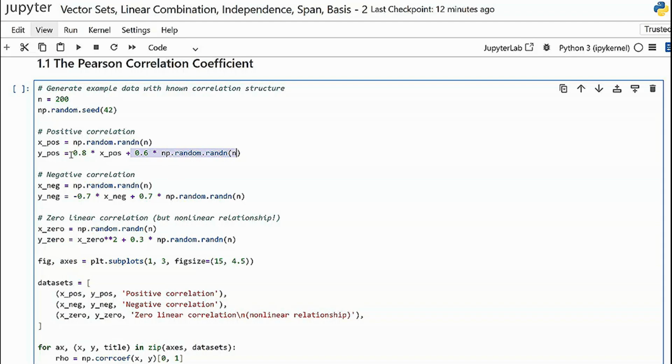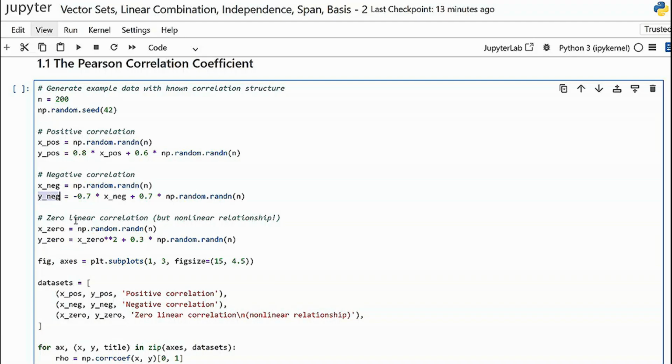But when coming towards the negative correlation, kindly observe, dear friends, whenever x negative increases, we can easily observe a trend of y negative decreasing due to the negative coefficient. And next one is the zero linear correlation.